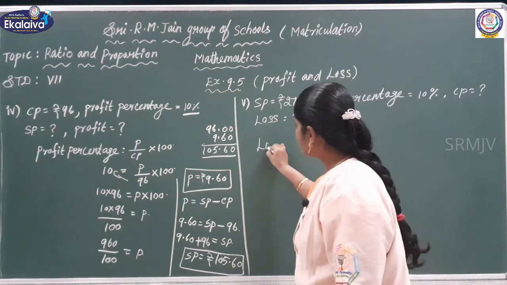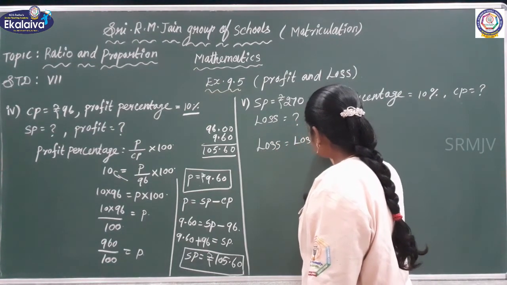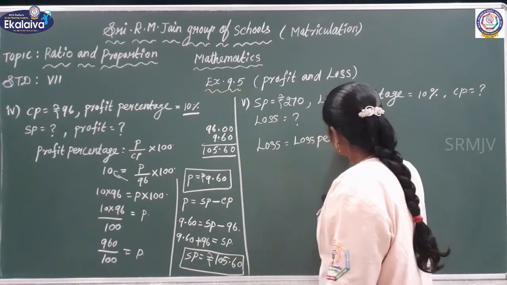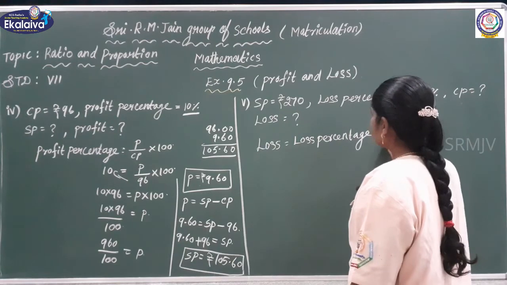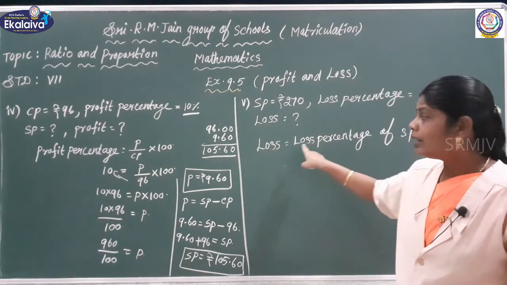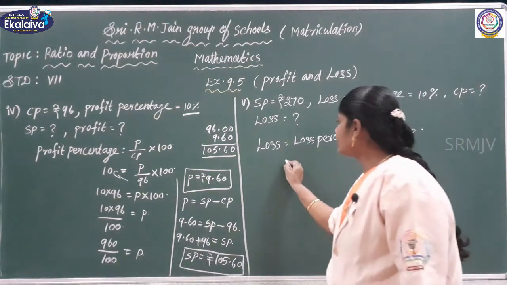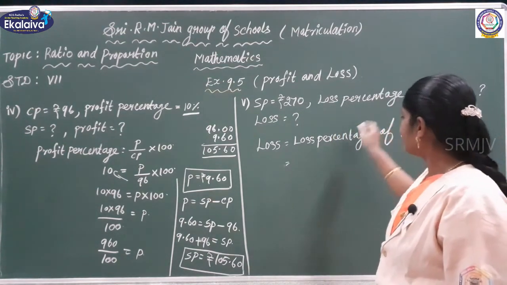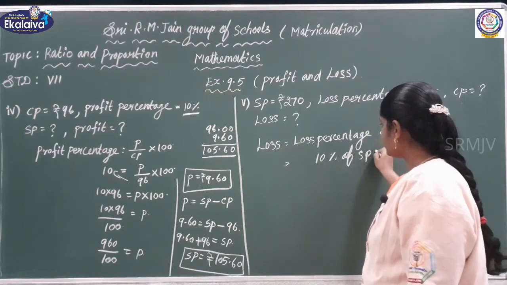So loss equal to loss percentage of selling price. How we are going to find the loss? Loss percentage of selling price. Okay. So here loss percentage is 10. So 10% of selling price.